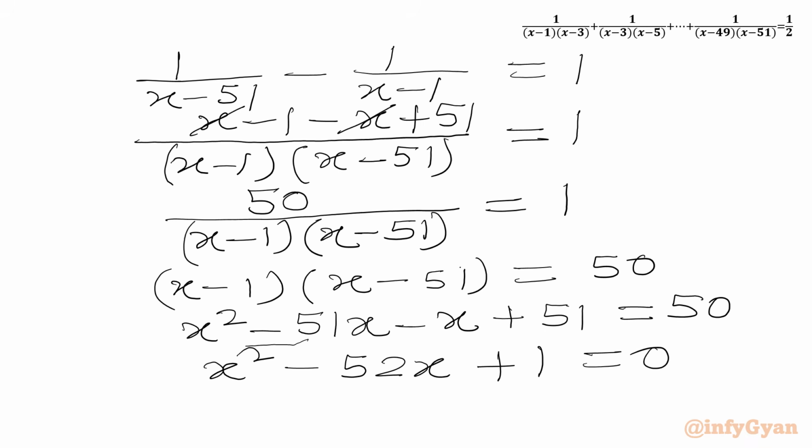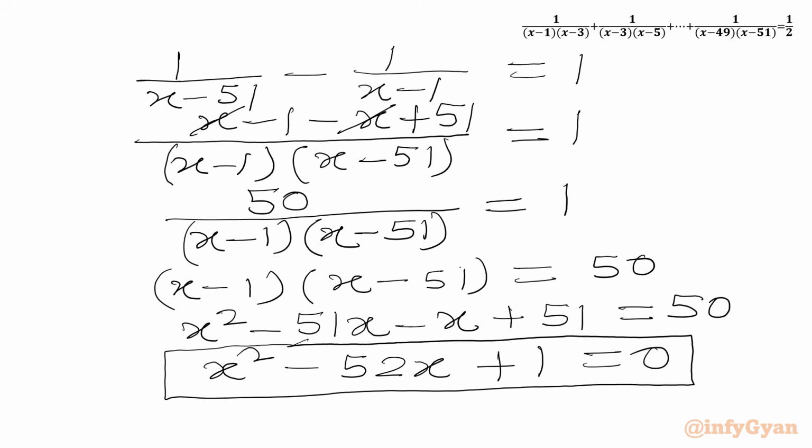Now this is one quadratic equation. We can solve using the completing the square method as we have an even coefficient of x. So I will take plus 1 to the RHS first. We can write x square minus 52x equal to minus 1.